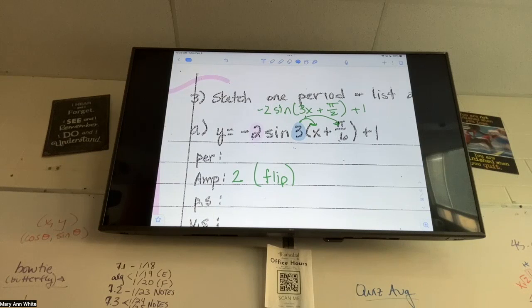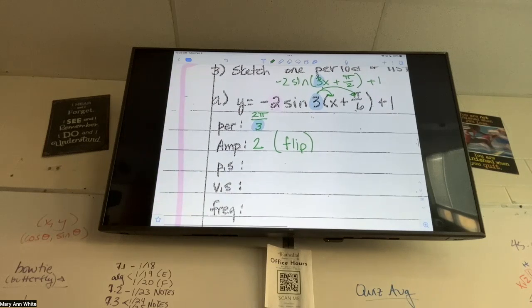Is 3 my period? Now we get to divide. You have to do 2 pi divided by b. That's the biggest mistake we make, is we forget that you have to do 2 pi divided by b. 2 pi divided by 3. That's actually as good as it gets. 2 pi over 3 is as good as it gets.